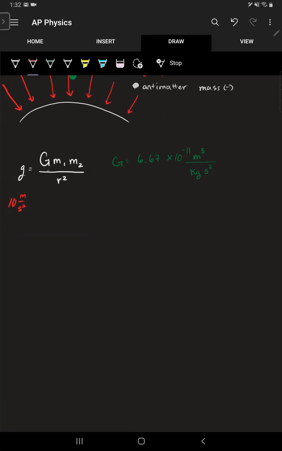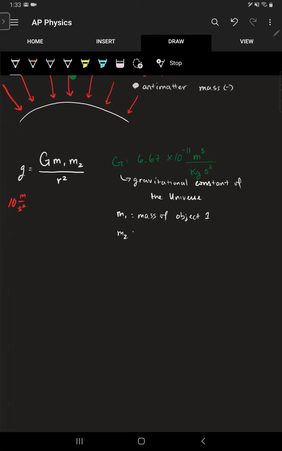All right, let's break this down. So G is the gravitational constant of the universe. Now, what is m1? This is the mass of object 1.